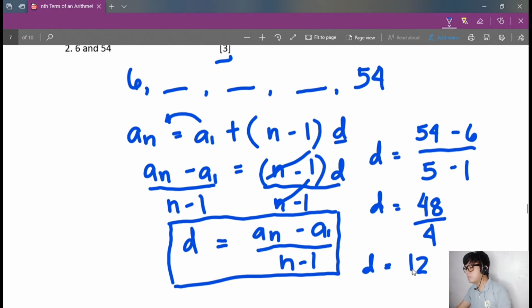So, itong 12 na ito, i-add natin successively dito sa each term. So, 6 plus 12 is 18. 18 plus 12 is 30. Then, 30 plus 12 is 42. 42 plus 12, 54. So, ito yung arithmetic means natin: 18, 30, 42.